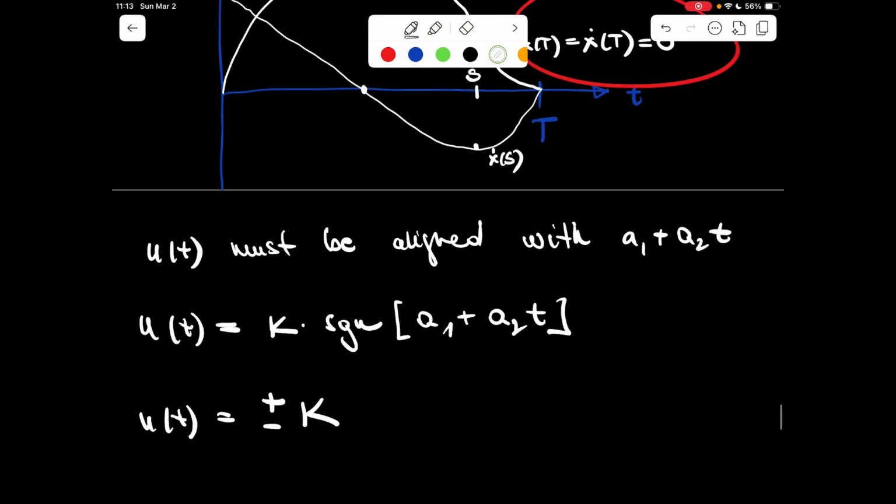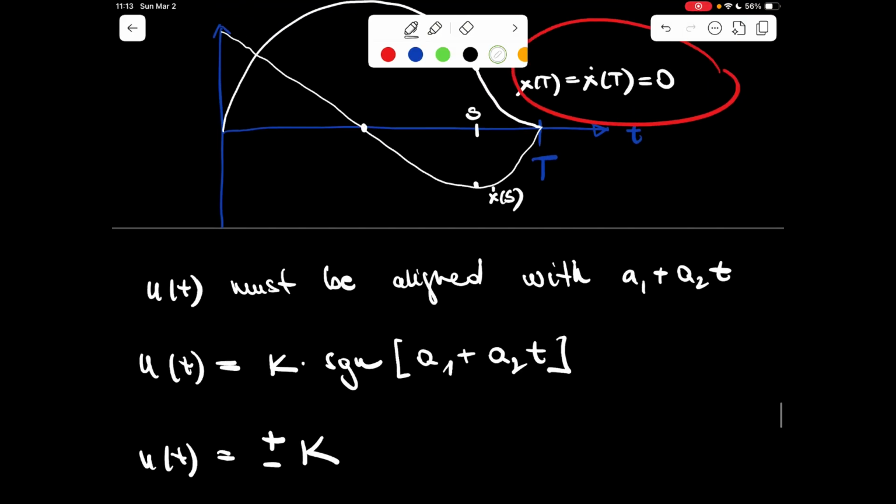So ut, which is the second time differential of the speed function, here until s is minus k, and here after s is k.